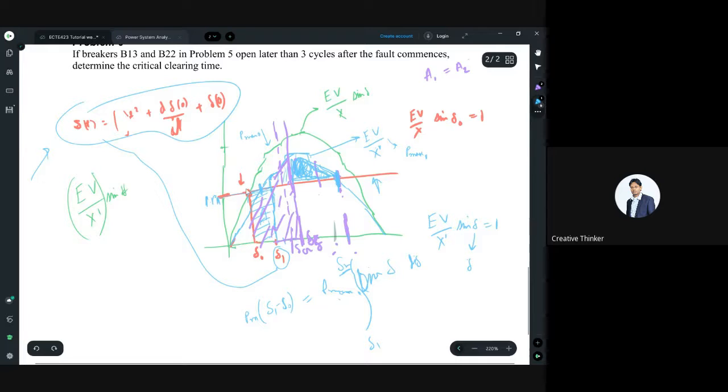The area under the mechanical power, because this line is the mechanical power line. The mechanical power, when it exceeds, accelerates the machine. So you will find the area under the mechanical power, and that will be the rectangle you get.